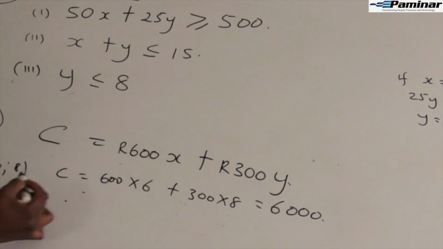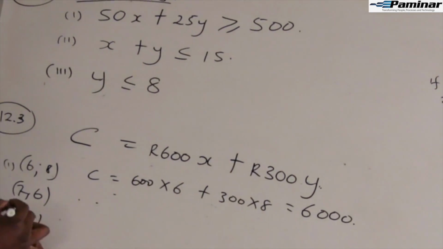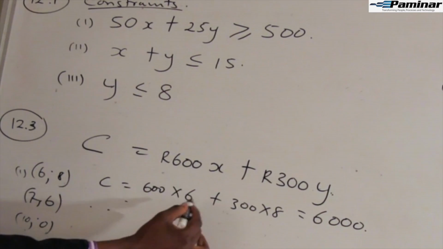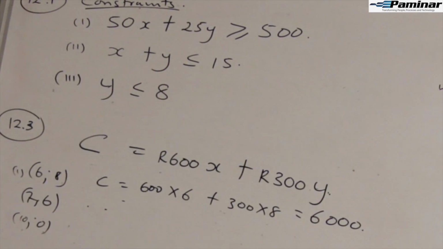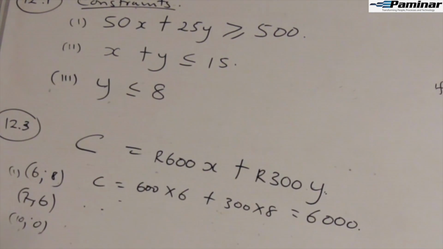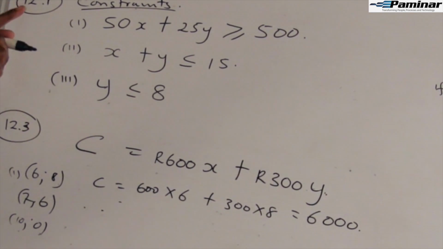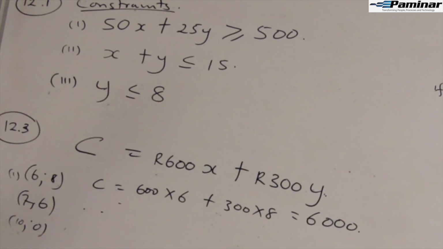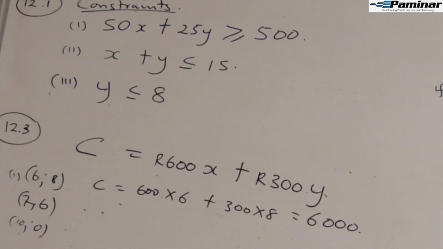But on 10, 0, our x is now 10. So 6,000 times 10, and this one is 0. So you continue to do this for each and every minimum point. You still get 6,000, 6,000, 6,000 for each.